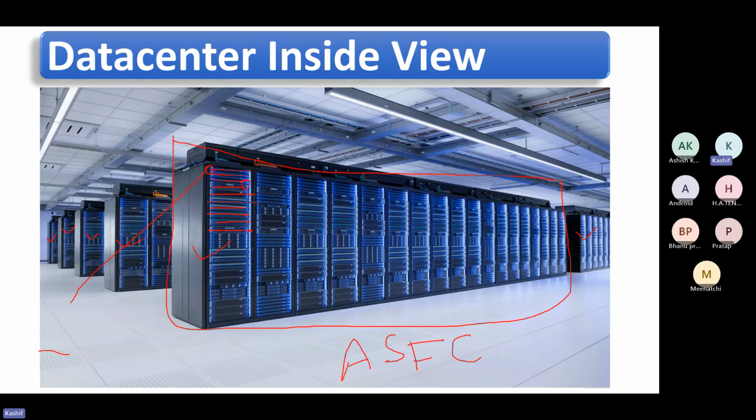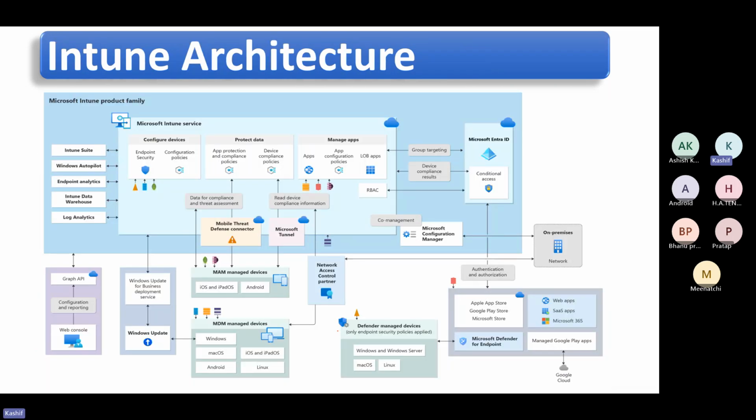If somebody is in Europe, his space will be created in Europe data center. Okay. So this is the inside view of the data center wherein multiple racks are there, and the combination of multiple racks is called Azure Service Fabric Cluster. Now, this is the high level diagram of Intune architecture.